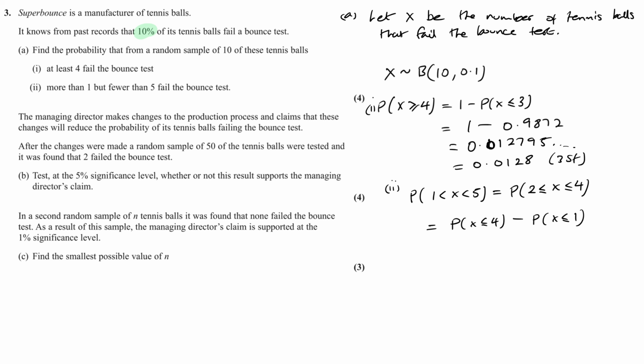Again, go into distribution function and pull down binomial if you didn't already have it up. So we've got 4, 10 and 0.1. Now I'm going to store this in my calculator. Earlier was 3, wasn't it?